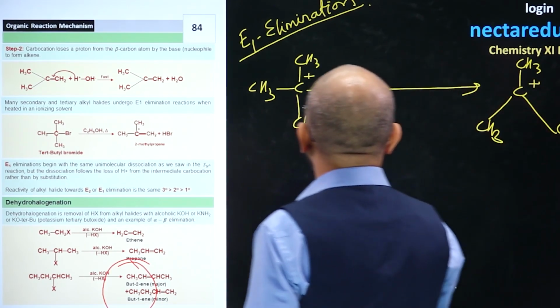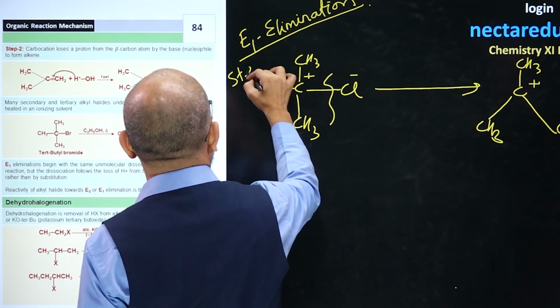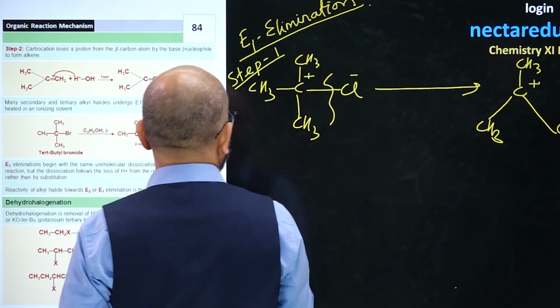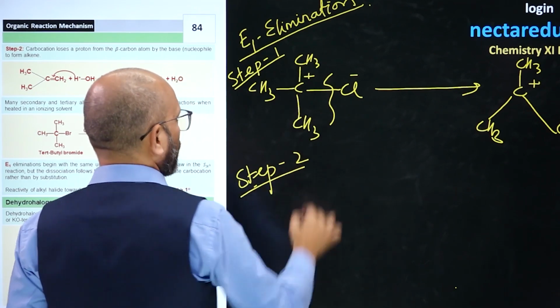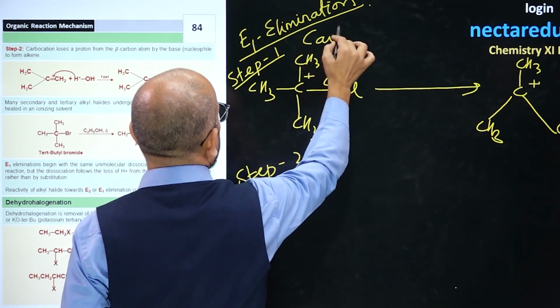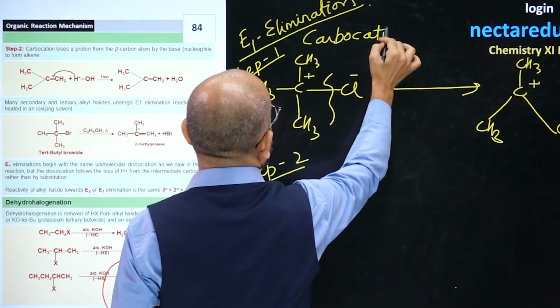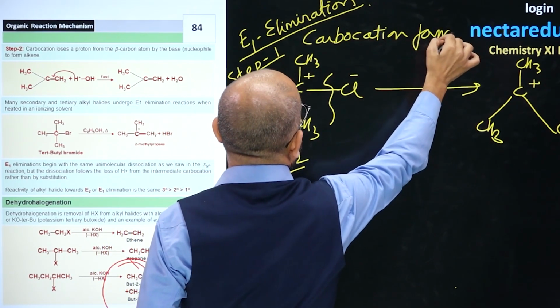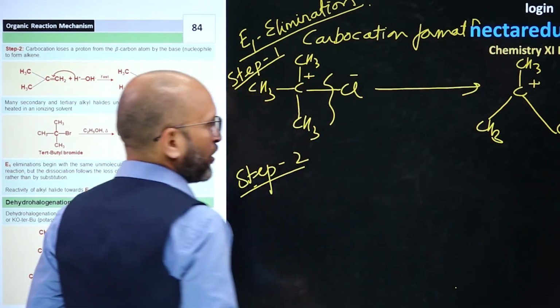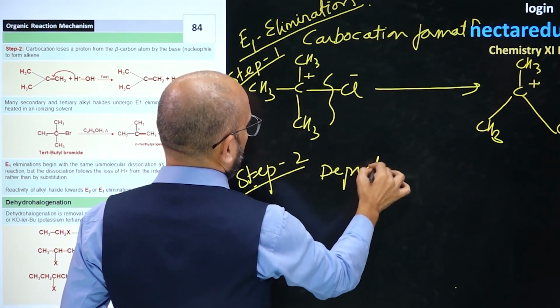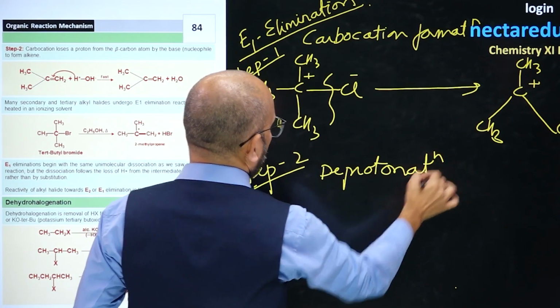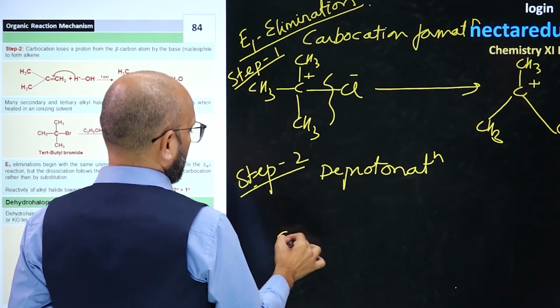Step 1 is formation of the carbocation, and step 2 is elimination, or deprotonation. Carbocation formation is step 1, and step 2 is removal of hydrogen, deprotonation from the beta carbon. So this happens like this.